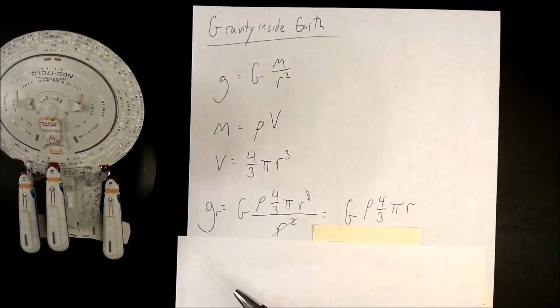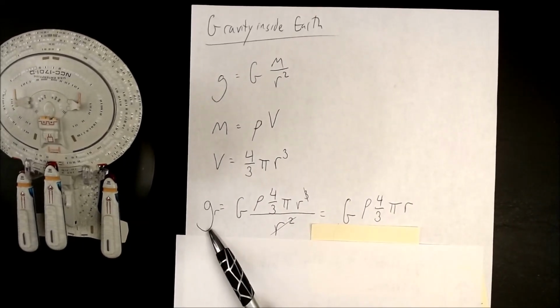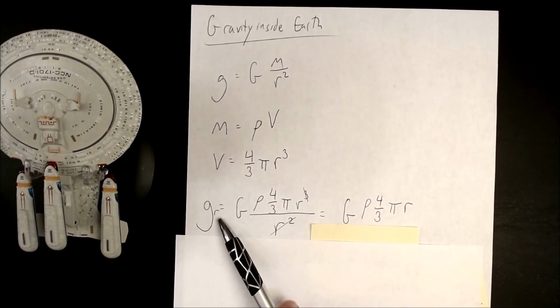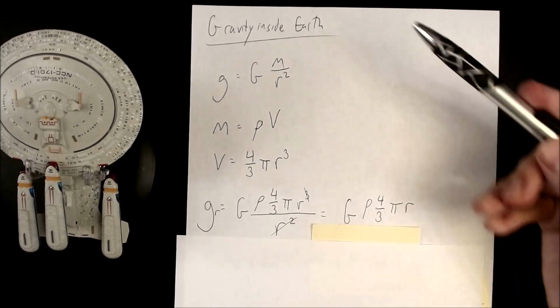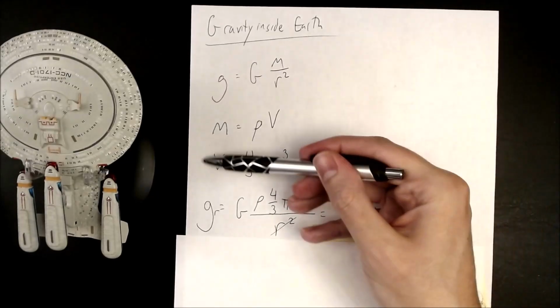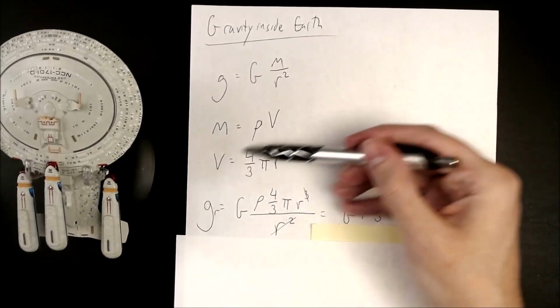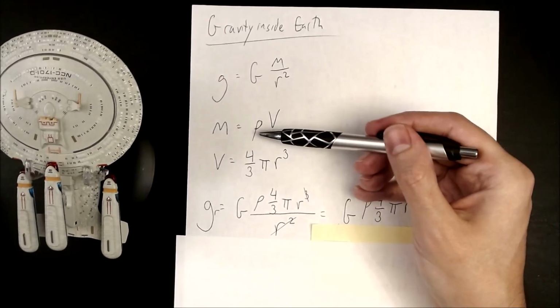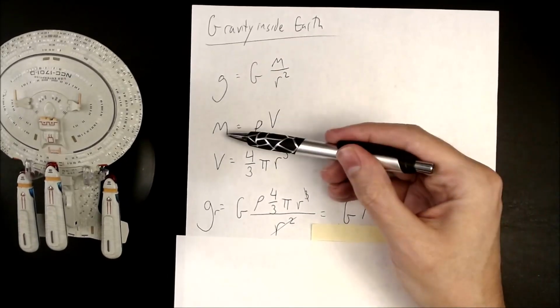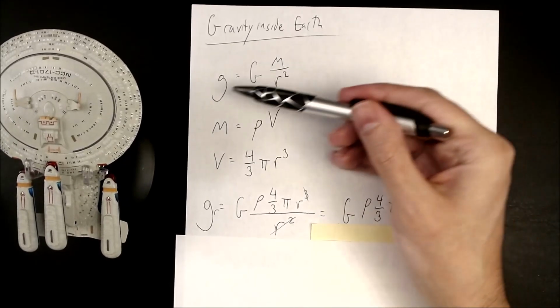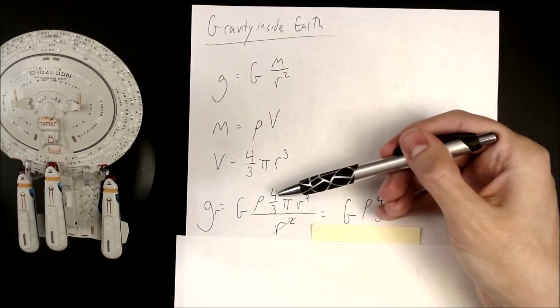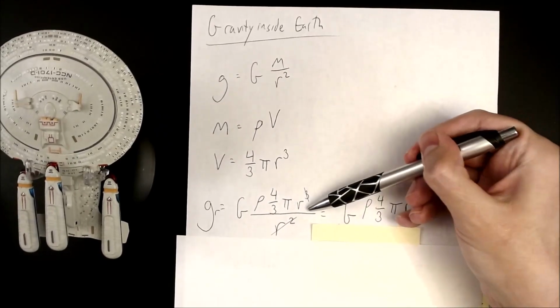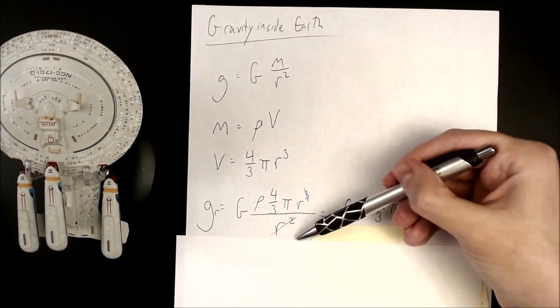The acceleration due to gravity at any particular radius, any particular distance from the center of the Earth, is going to be equal to this, because we can just take this volume right there and plug it in for that, and then we'd have rho times 4/3 pi r cubed. We can plug that in up there, and then we'd have g is equal to G rho 4/3 pi r cubed divided by r squared.